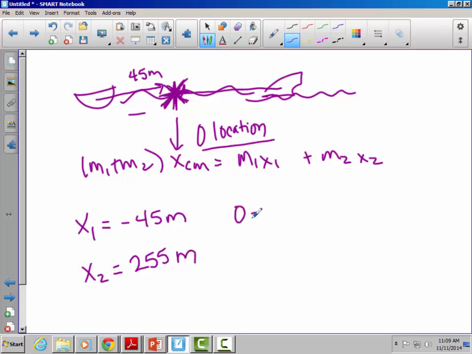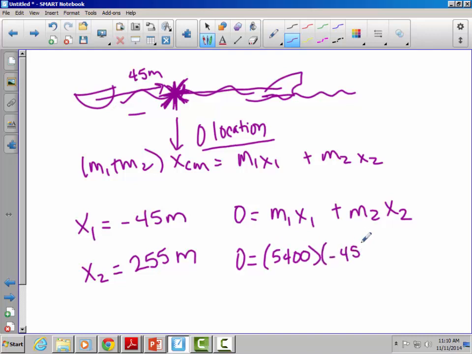What we end up having is 0 equals m1x1 plus m2x2. And we can say the mass of the boat, 5,400, times negative 45, plus whatever the mass of our shark is, times 255.